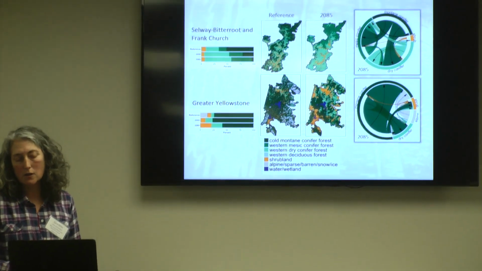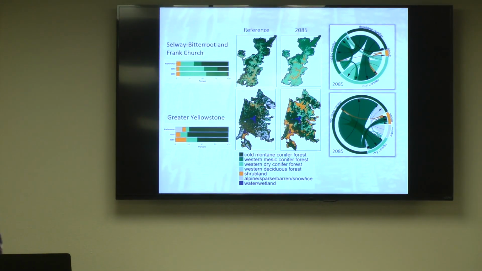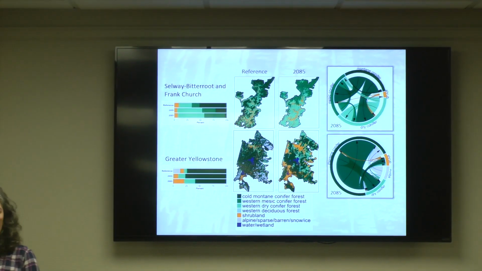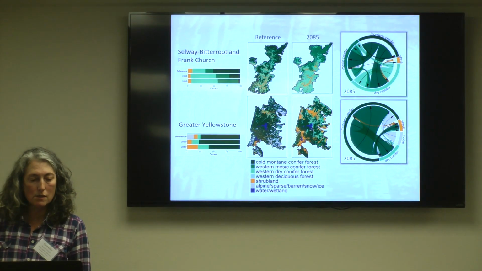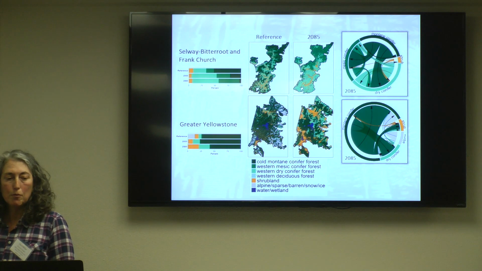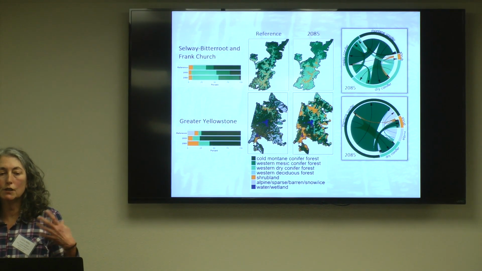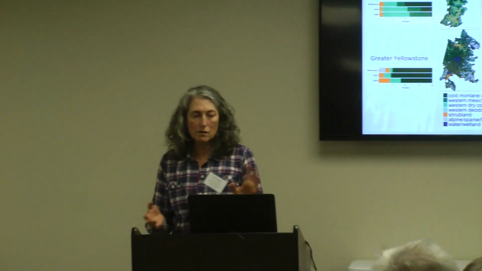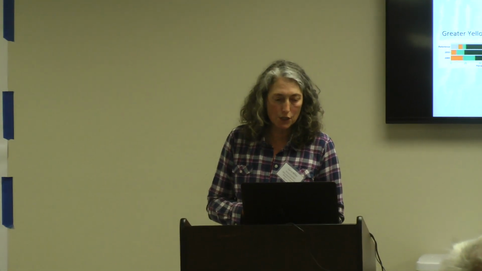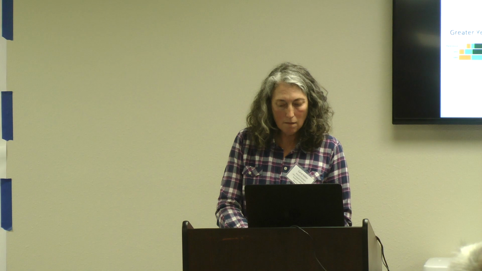And so we did this for all 22 of our North American sites. And two other ones in the Northern Rockies show pretty similar types of transitions, starting with different amounts, different vegetation distributions. But basically, the story is pretty much the same, very similar.